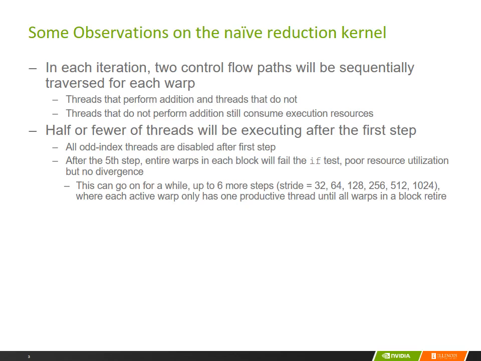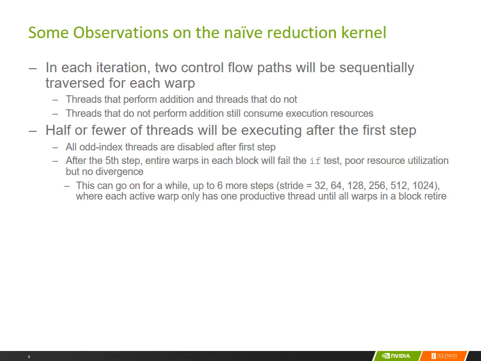In terms of resource efficiency, there's another important observation. Half or fewer of the threads will be executing after the first step. During the first step, all the threads perform addition, but as soon as we reach the second step, only half of the threads will be executing, and in the third, only a quarter of the threads.